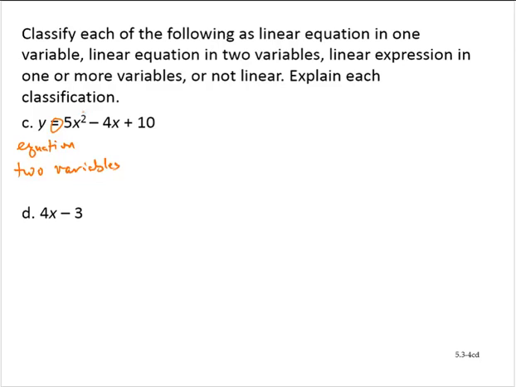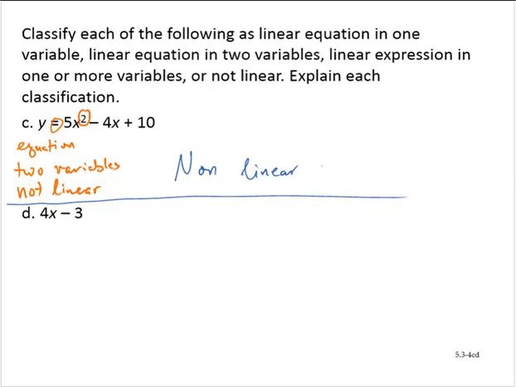Now, notice that we see an exponent of 2 on x. This is not linear. Once we see an exponent that's greater than the first on x, or y for that matter, it's nonlinear. So, conclusion, this is a nonlinear equation.